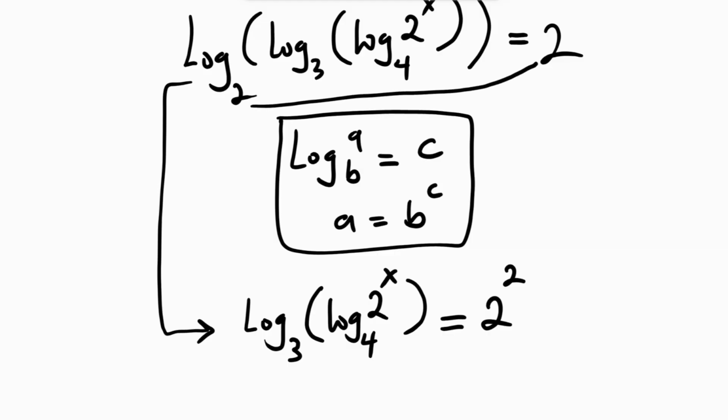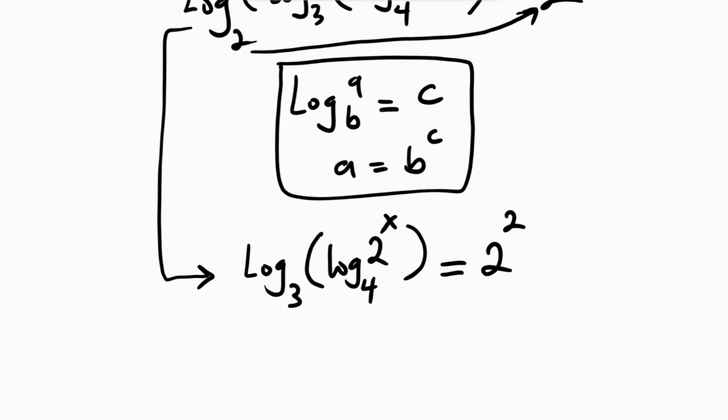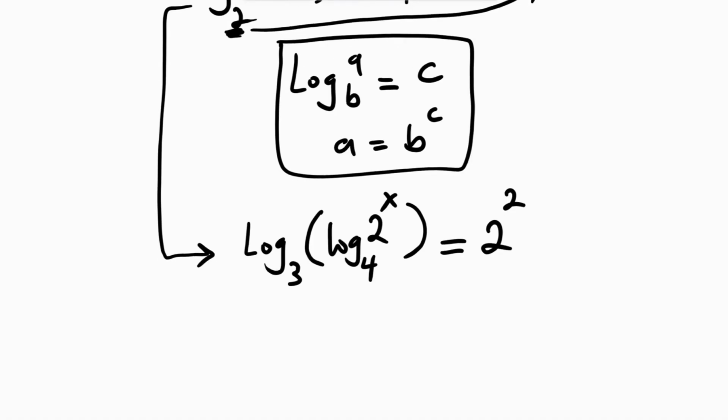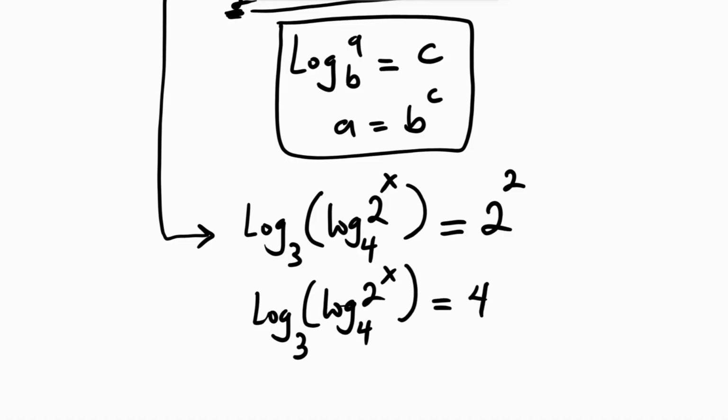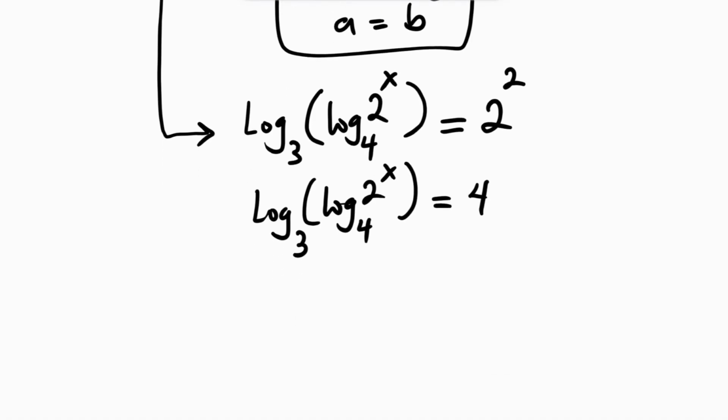This 2 pushes the 2 on the right hand side up into the exponent phase, and then this 2 becomes the base. So now what we have here becomes log 4 2 raised to power x equals 2 squared is 4.